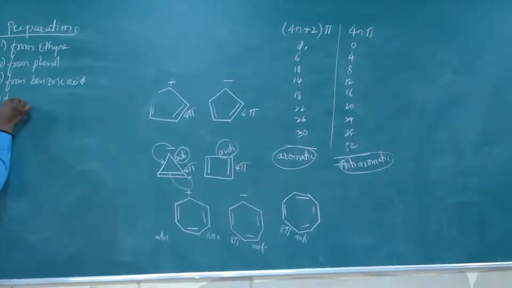Fourth one, from haloarenes, just by reduction of haloarenes gives benzene.